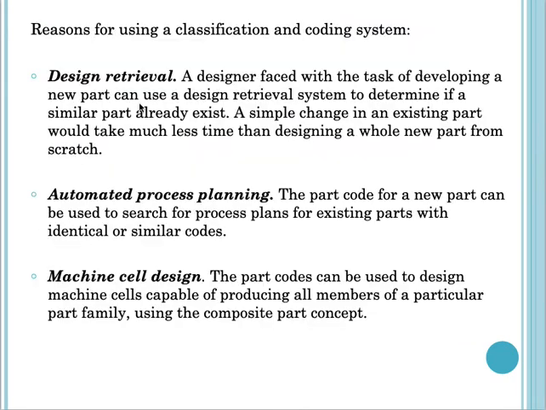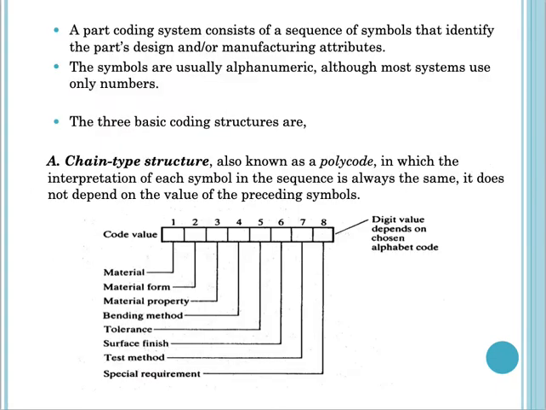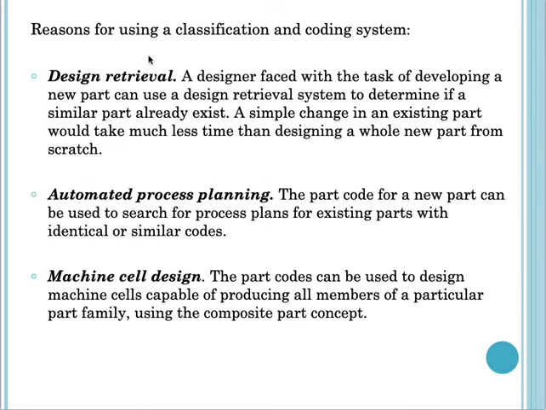As we discussed in the previous video, a classification and coding system is based on part design attributes, part manufacturing attributes, or both combined.